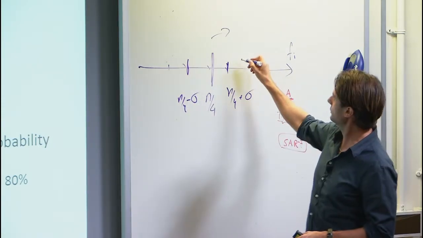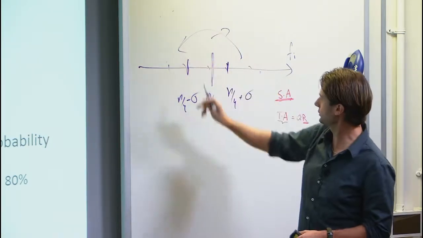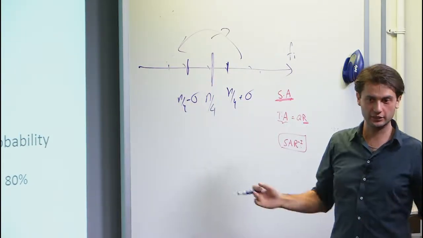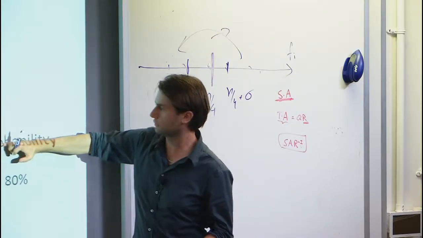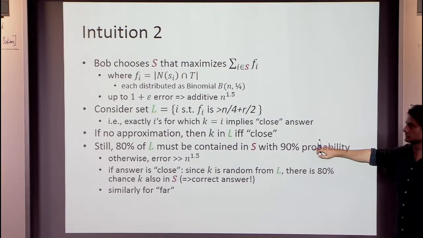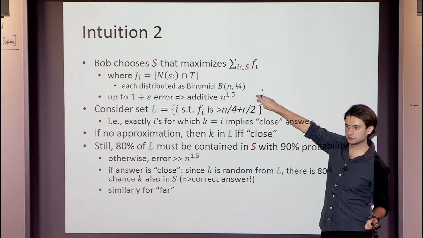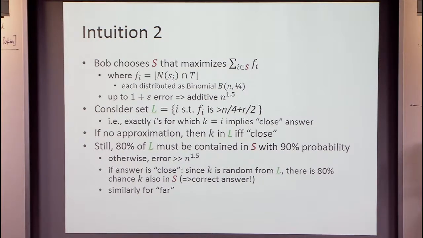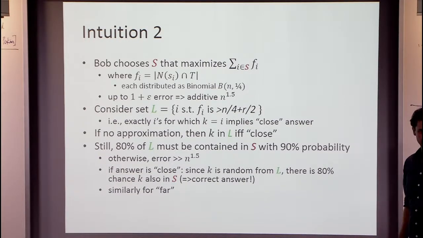The distance here is the standard deviation, which is roughly root n. So if this doesn't hold, then the total error would be around n to 1.5, which is not allowed because we have an additive error of at most n to 1.5. That finishes the lower bound.